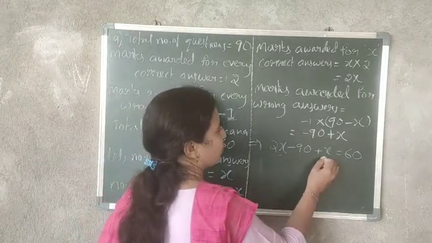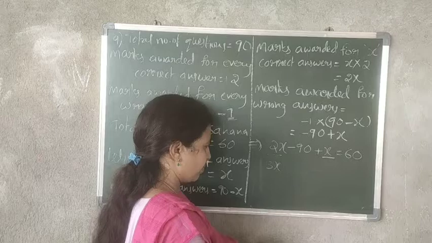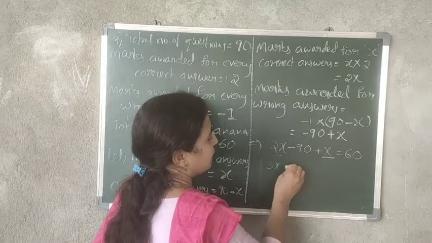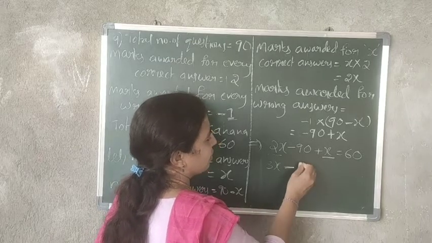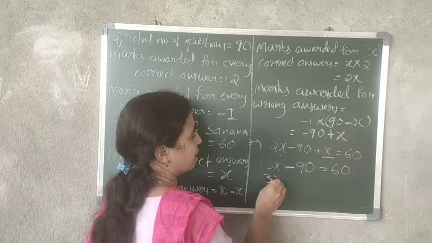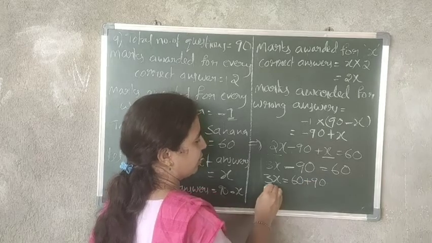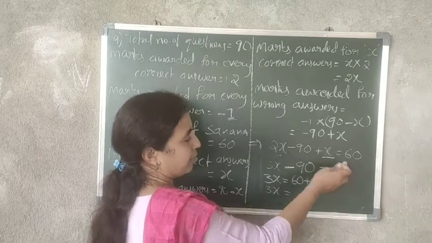Now here 2x plus x, 3x minus 90 is equal to 60. Now 3x is equal to 60 plus 90.